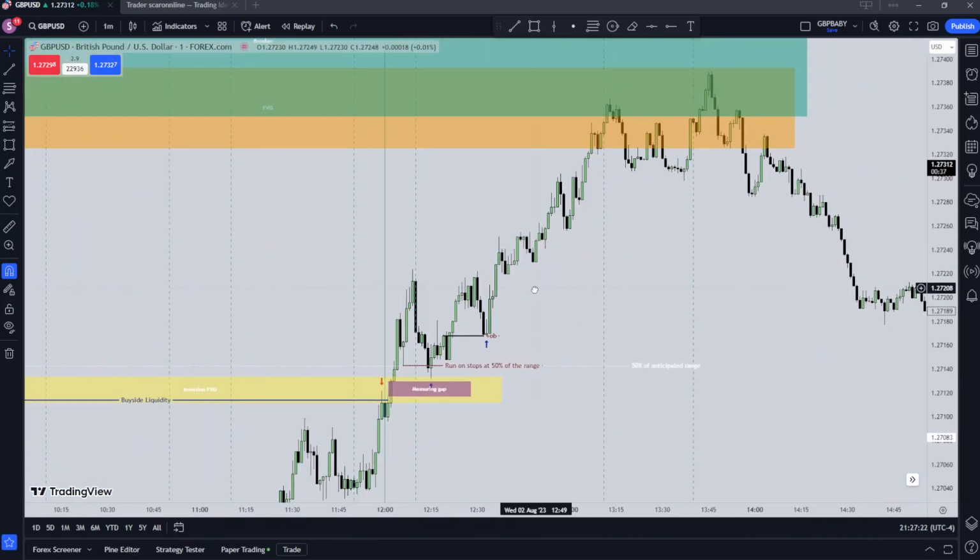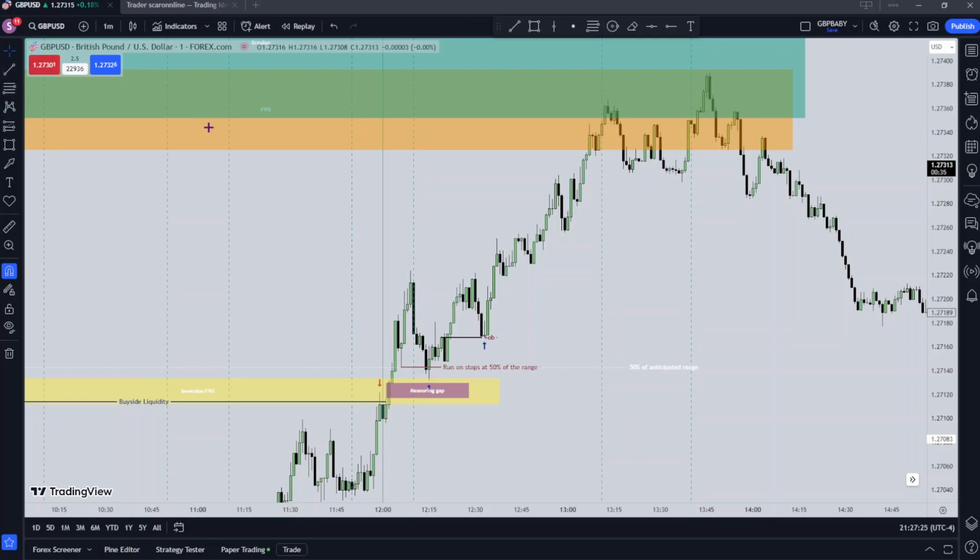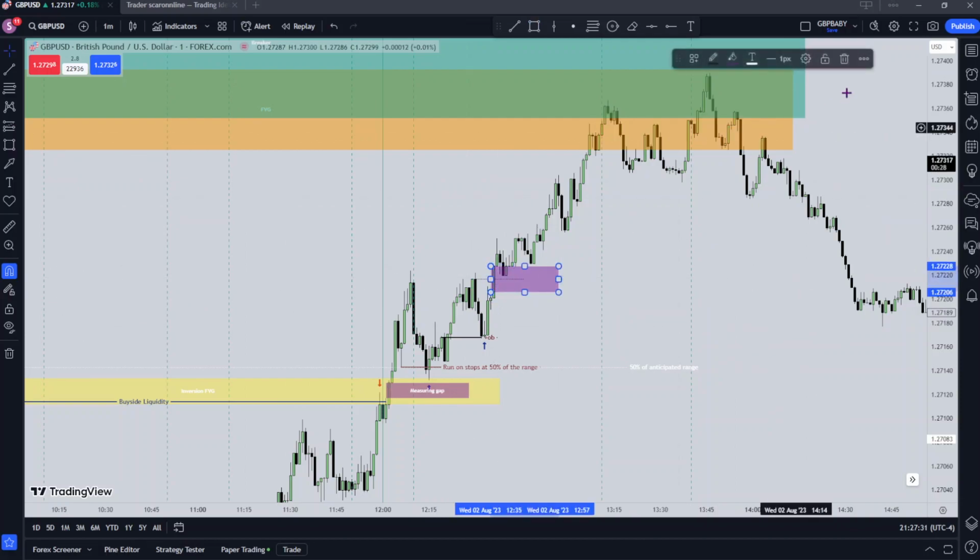Right, cool. Bullish order block, blah, blah, blah. And then we can ride that up. Again, price stacking. You can't make this up.